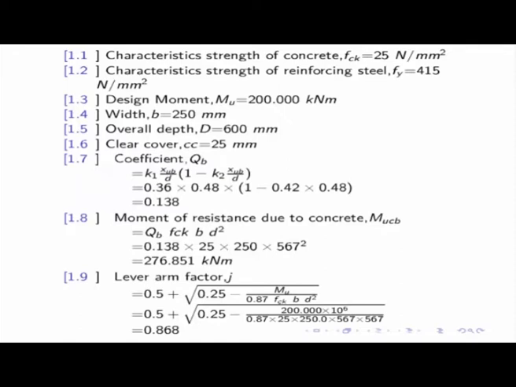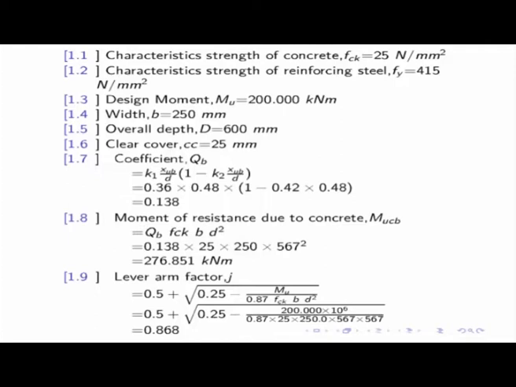So now obviously I can show you this: moment of resistance due to concrete. That means concrete also has to resist that moment of 200 kilonewton meter. Similarly steel also resists. Both of them must be safe, because if one of them fails, then the structure will fail. You can consider it as one link after another, like a chain.